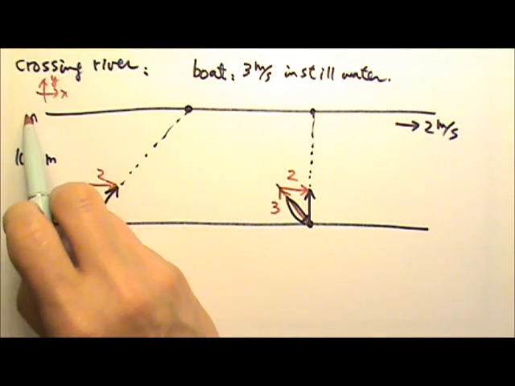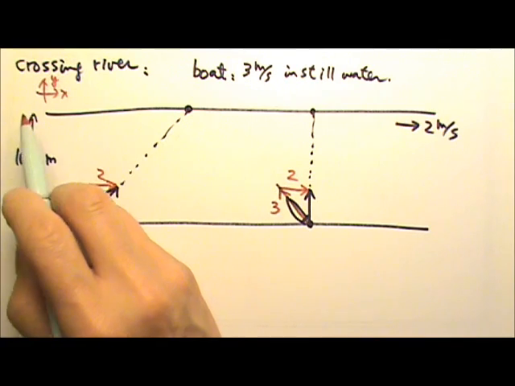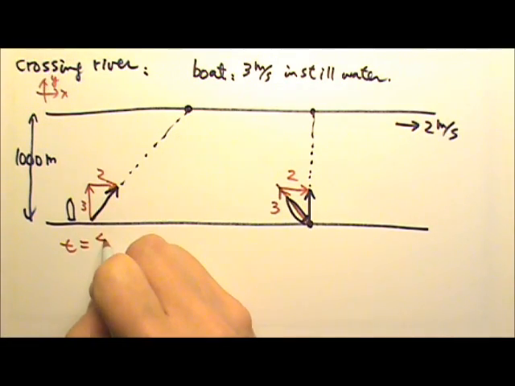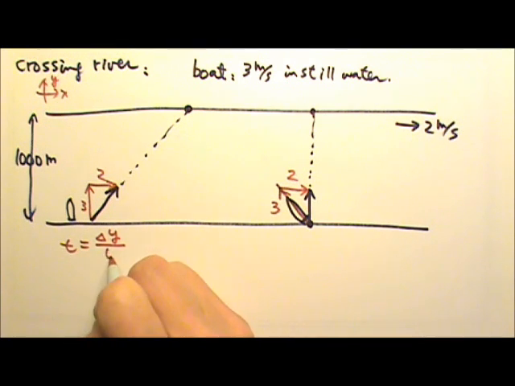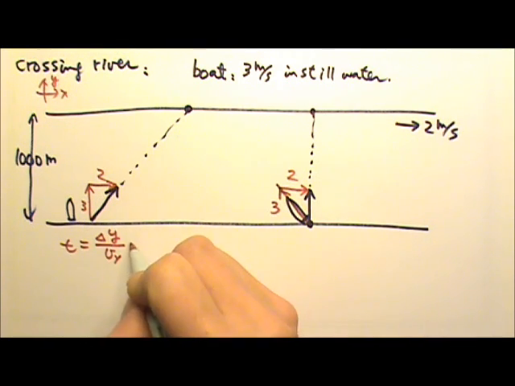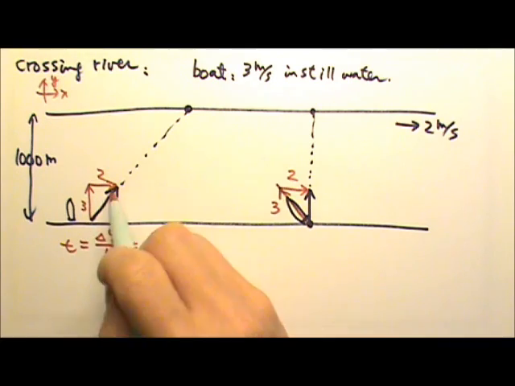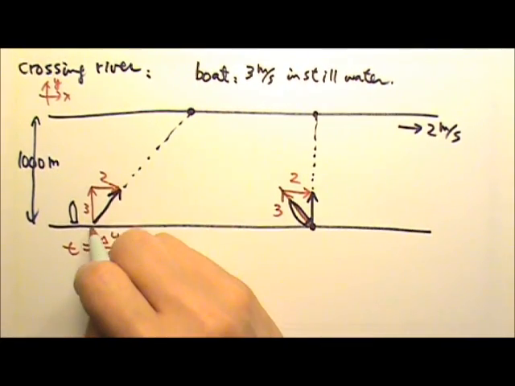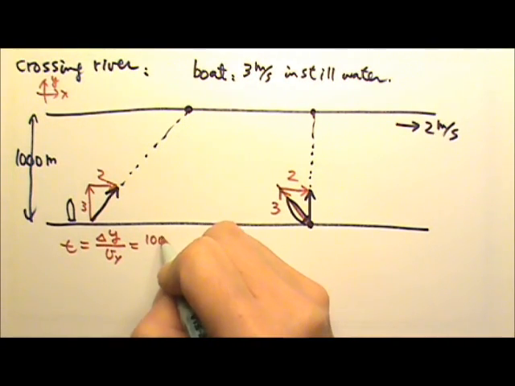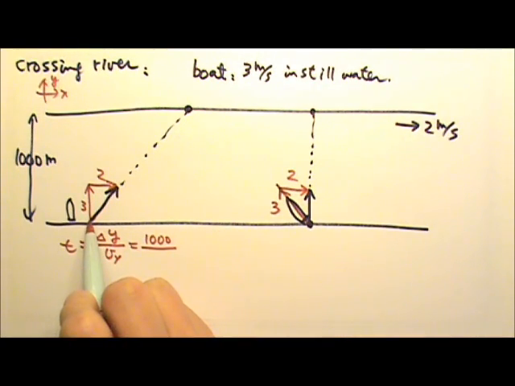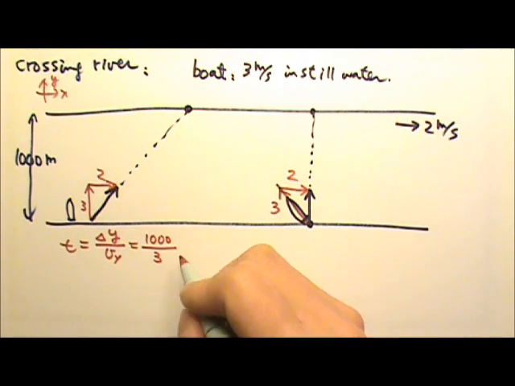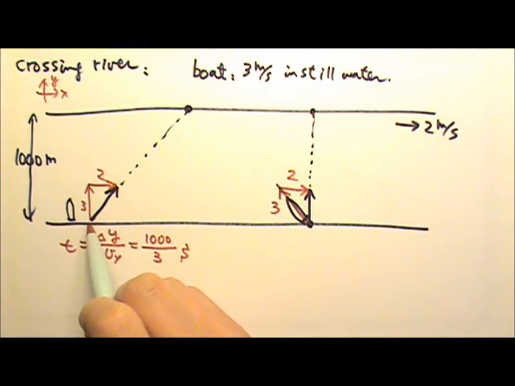Because this 1,000 meters is the delta y, if I want to find the time to cross the river, I can just use the delta y divided by the velocity in the y direction. So we don't have to look at the slanted distance and the slanted velocity. So the delta y is 1,000, and the velocity's y component is 3. So this will give me the time it takes this boat to get to the other side.